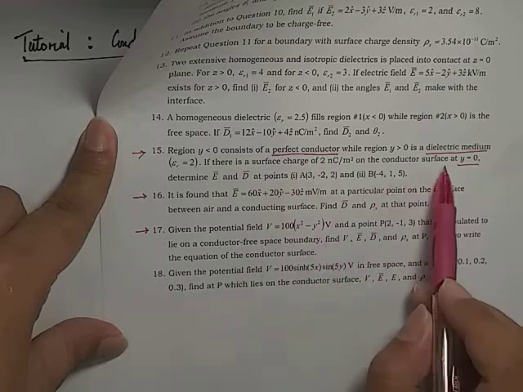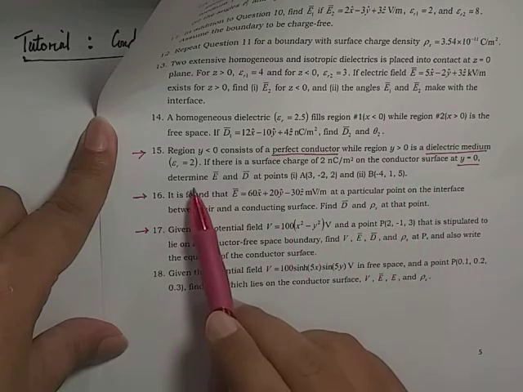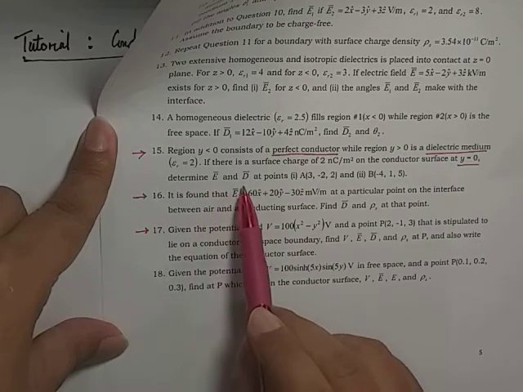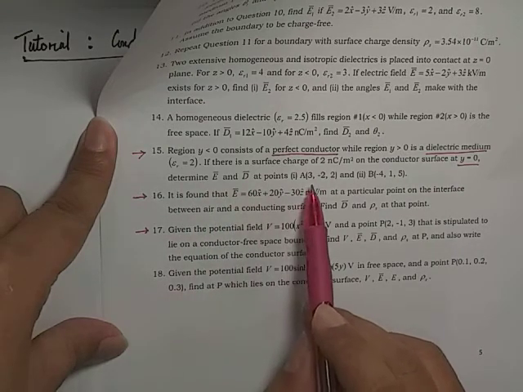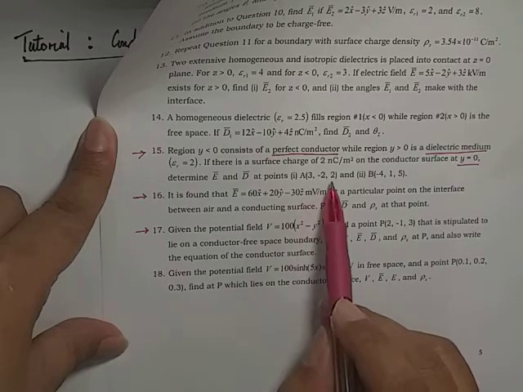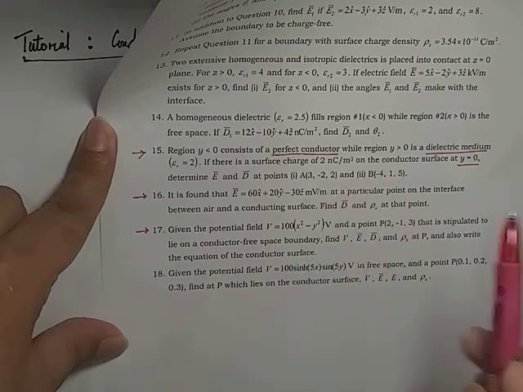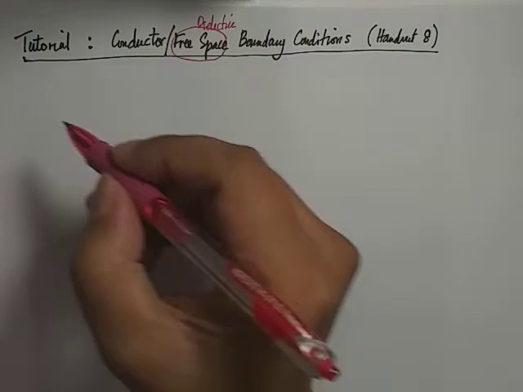At the boundary. The question wants us to determine E and D at two points, point A (3, -2, 2) and B (-4, 1, 5). That is what we need to solve now for number 15.